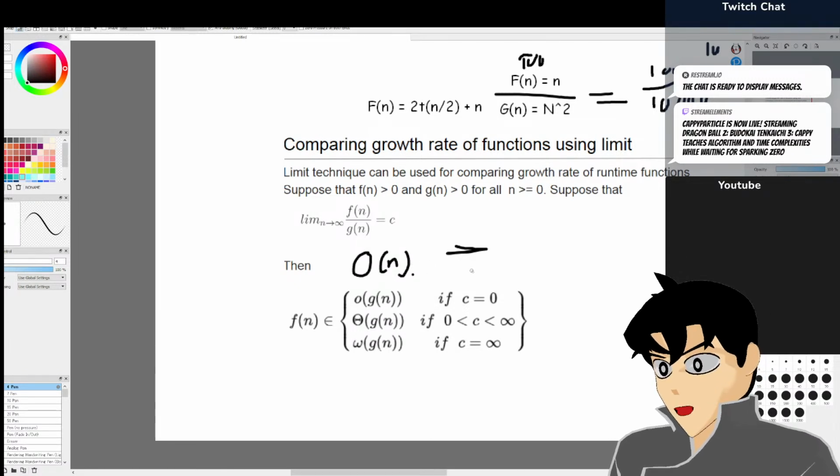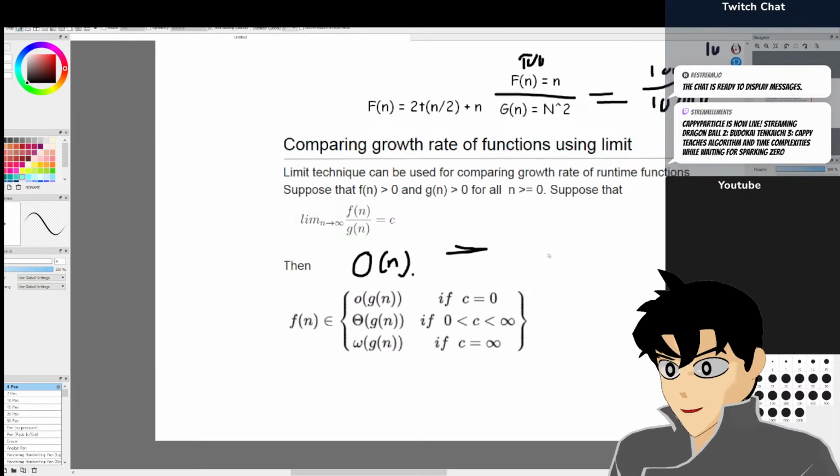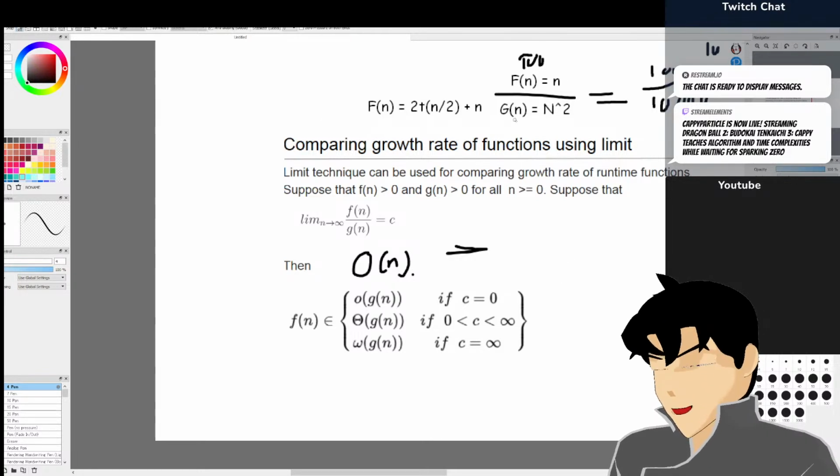Okay, big O is like the function f of n grows slower than g of n.